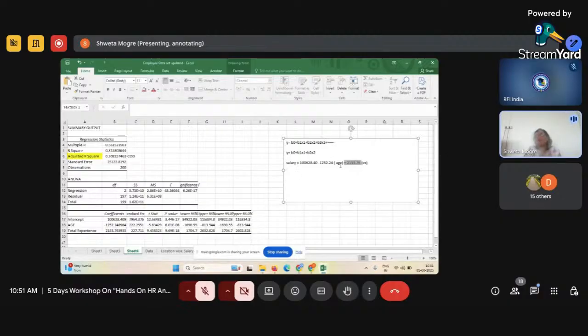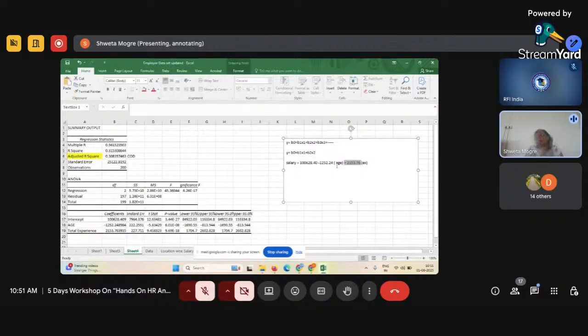Why am I getting a negative here? Because experience and age are interconnected. If age is increasing, experience should also increase, though it is not necessarily so. Sometimes persons in a higher age group have started late, or are taking some break during their jobs.